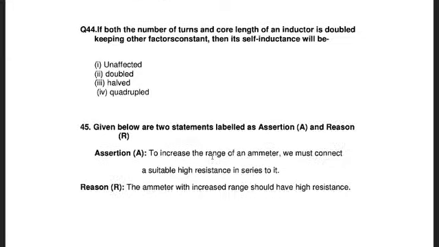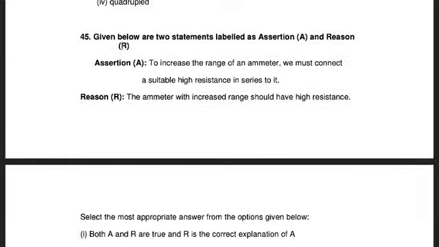Question 45. Given below are two statements labeled as assertion A and reason R. Assertion A: To increase the range of an ammeter, we must connect a suitable high resistance in series to it. Reason R: An ammeter with increased range should have a high resistance.